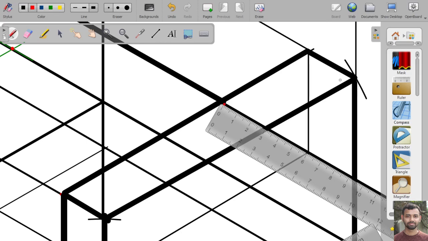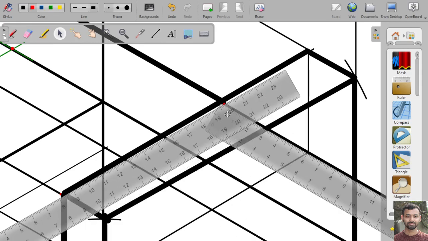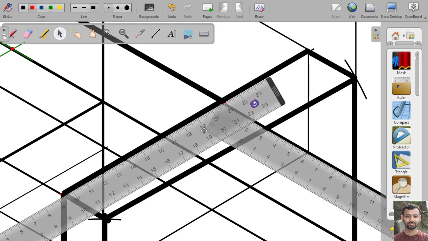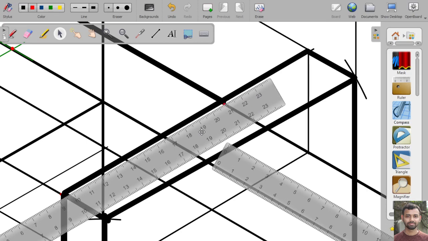Up to this point is 60 mm, and so we can draw a line.